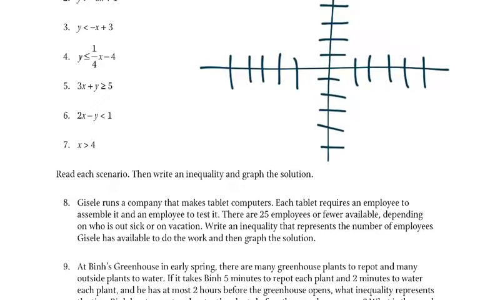Each tablet requires an employee to assemble it and an employee to test it. There are 25 employees or fewer available, depending on who is out sick or on vacation. Write an inequality that represents the number of employees Giselle has available to do the work, and then graph the solution.